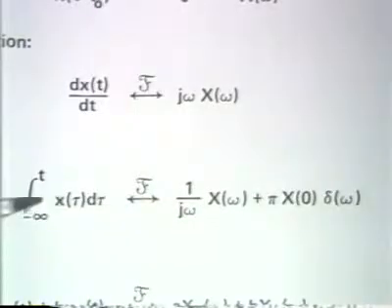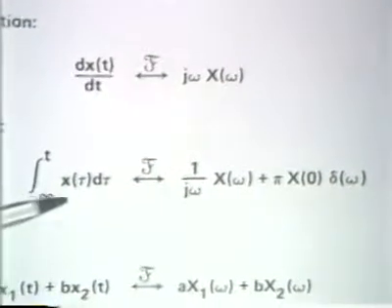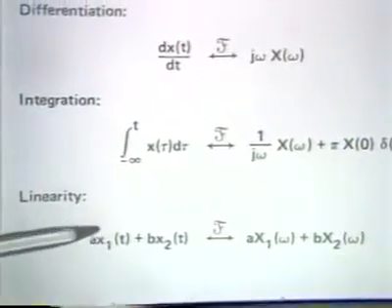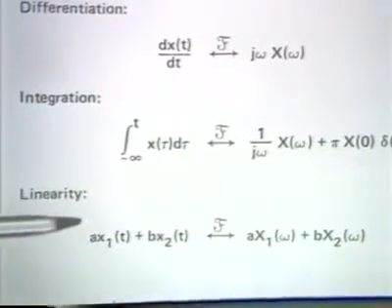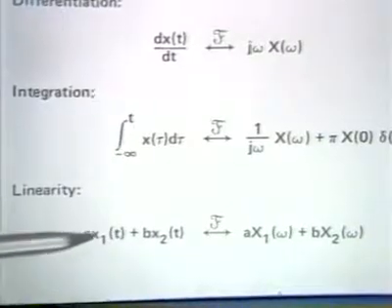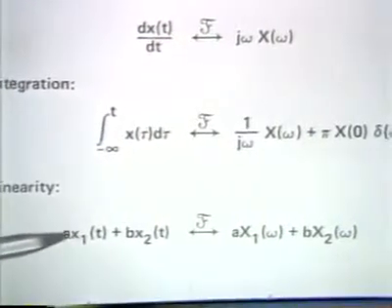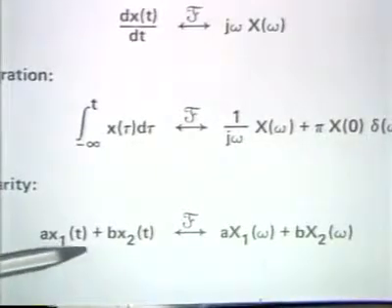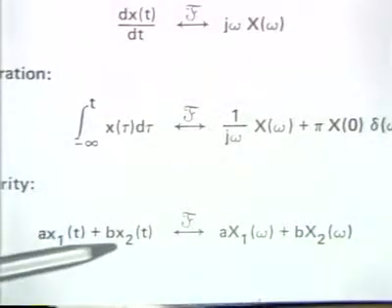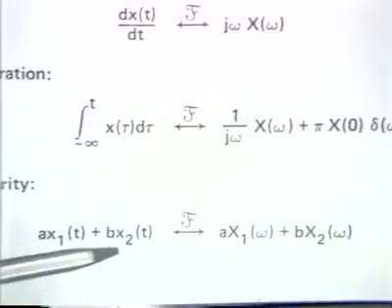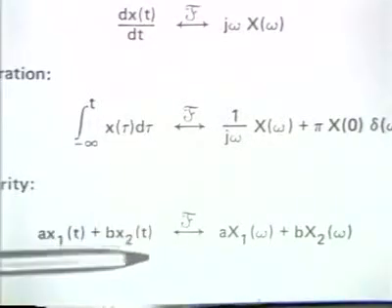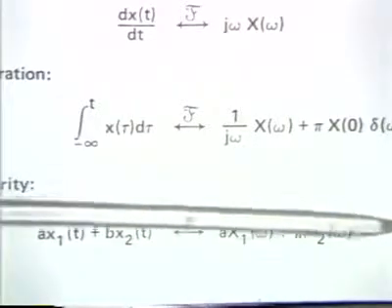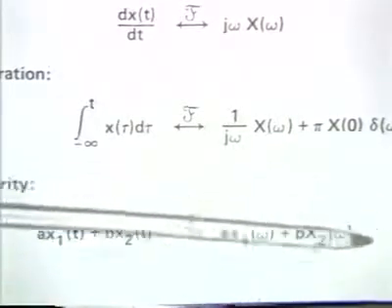And the final property that I want to draw your attention to on this view graph is the linearity property, which is very straightforward to demonstrate from the analysis and synthesis equations. It simply says if X1 of omega is the Fourier transform of x1 of t and X2 of omega is the Fourier transform of x2 of t, then the Fourier transform of a linear combination is a linear combination of the Fourier transforms.